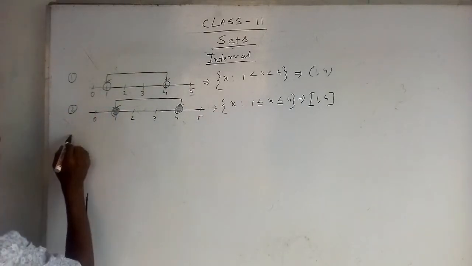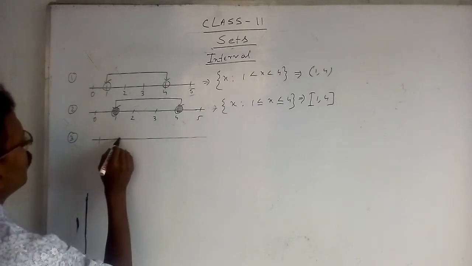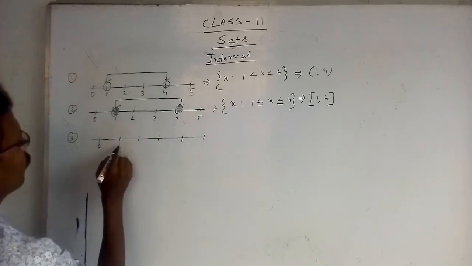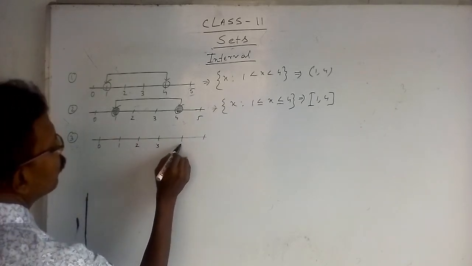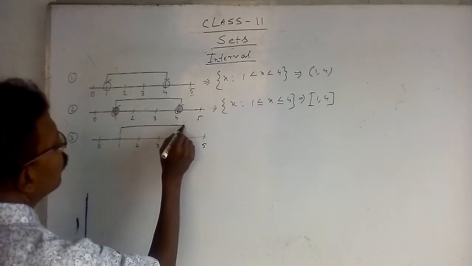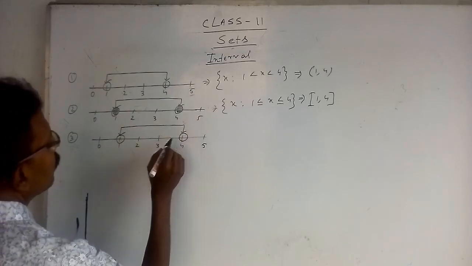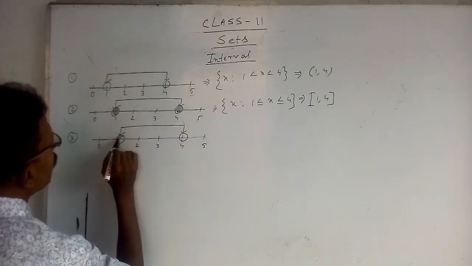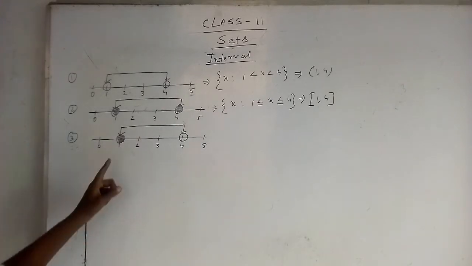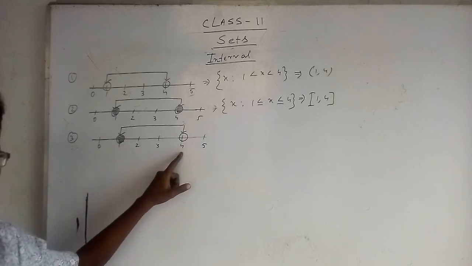Next, come to number 3. 0, 1, 2, 3, 4, 5. Now only the circle above 1 is shaded, but not the one above 4.